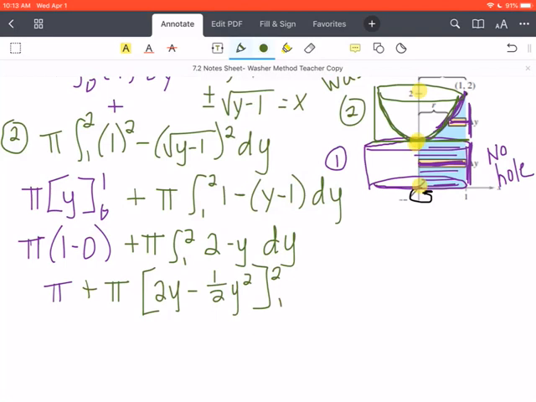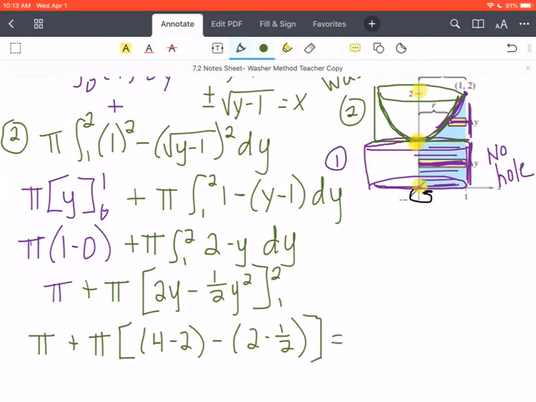Okay, now from here, I can go ahead and copy down this purple pi, and then I have plus pi times 2 times 2 is 4, 2 squared is 4 times 1/2, so minus 2. So that's evaluating for the upper limit of integration. And then when I input a 1, I get 2 minus 1/2. Okay, then I need to simplify inside.